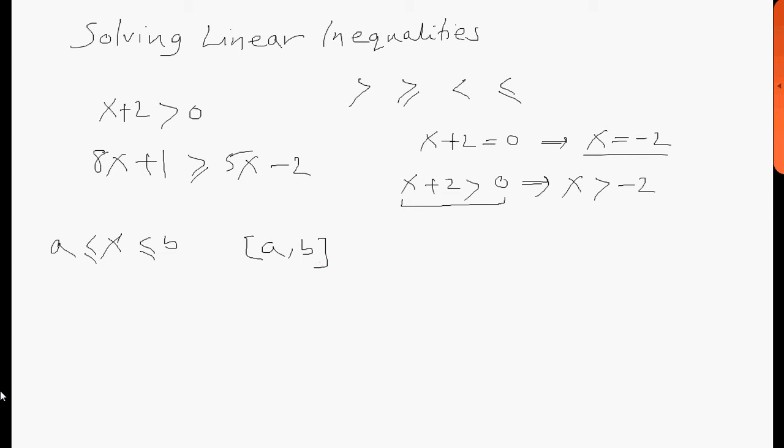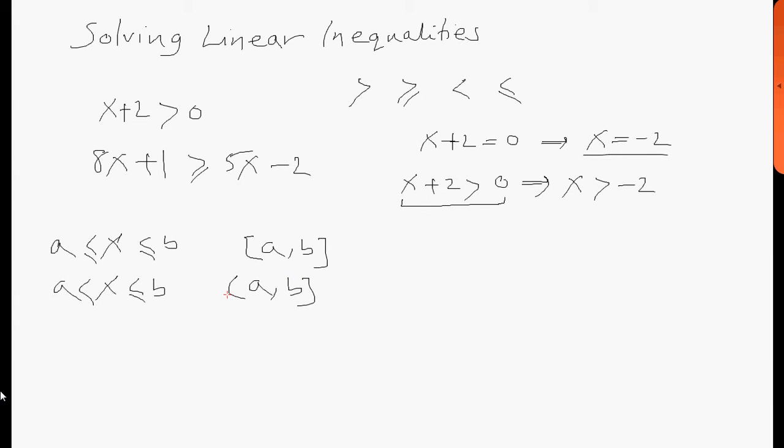So I'm using square braces to indicate that x can be equal a, and x can be equal b. If x is between a and b and it cannot be equal a, just greater than a and less than or equal to b, then the equivalent notation as an interval would be from a to b.